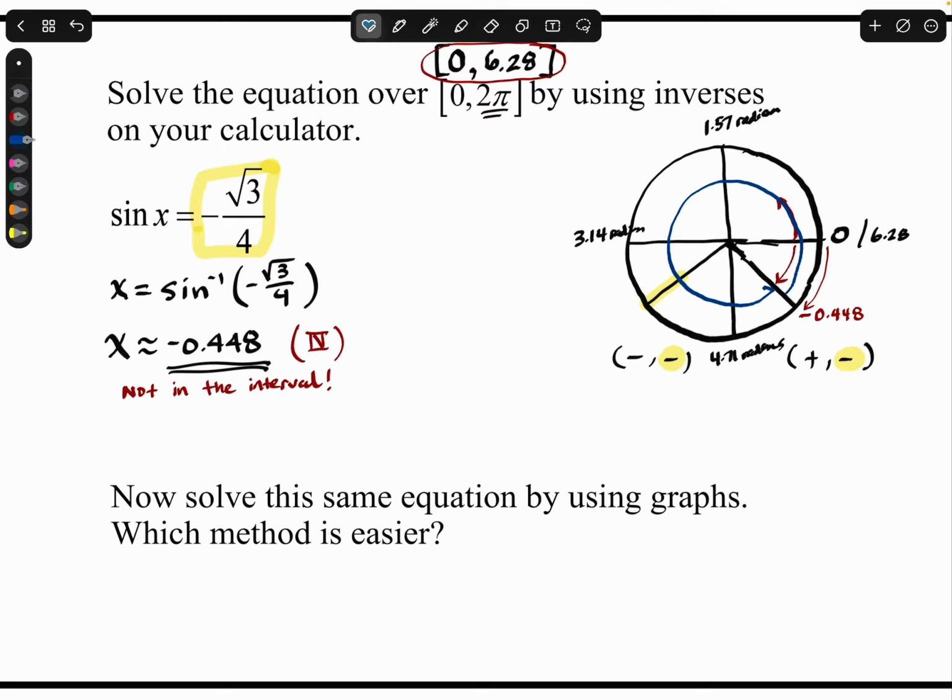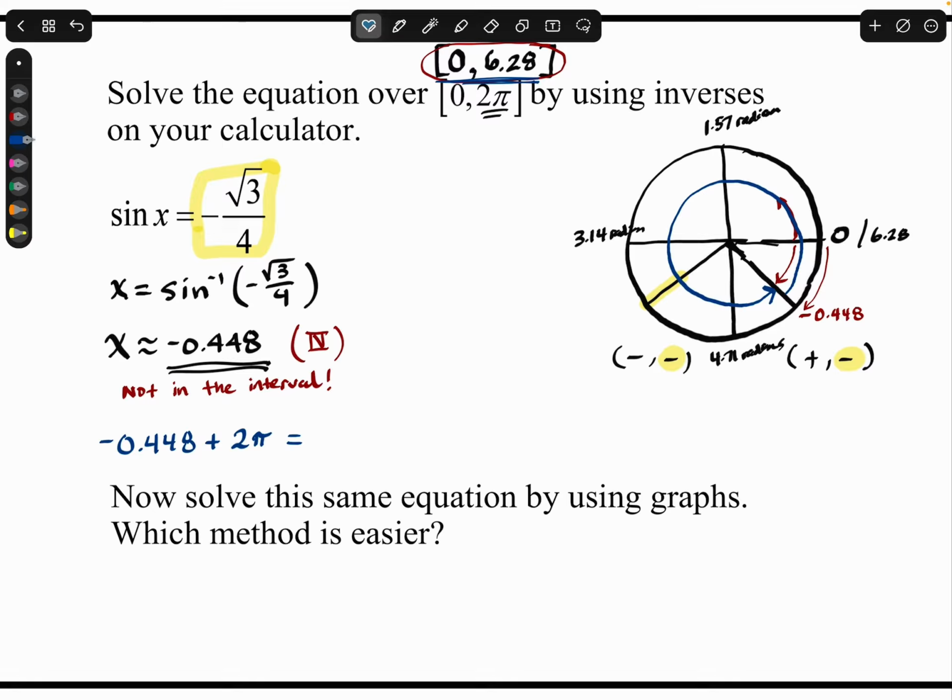So we need to go forward a full cycle so that we end up where we need to be. We've gone 2 pi radians. So to get our first answer, let's take negative 0.448 and add 2 pi to it so that we get an answer that falls within the interval we're looking for, from 0 to 2 pi, or 0 to 6.28 radians.